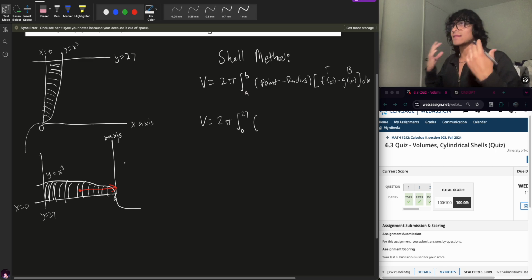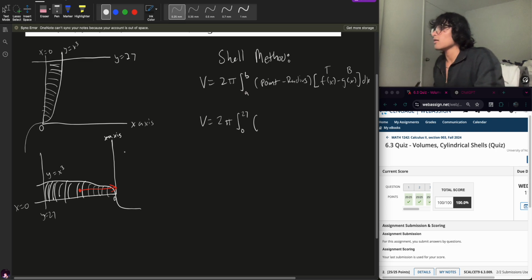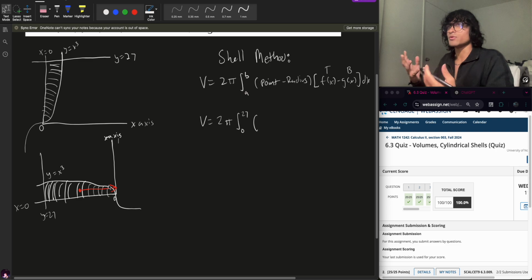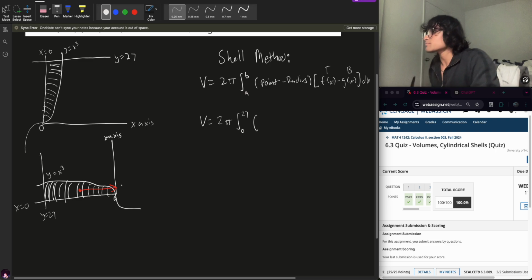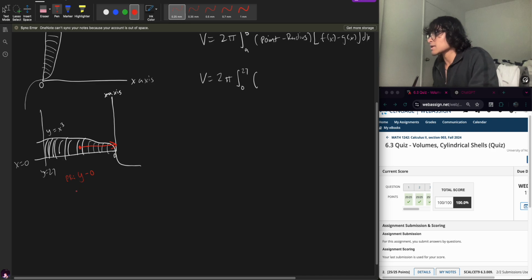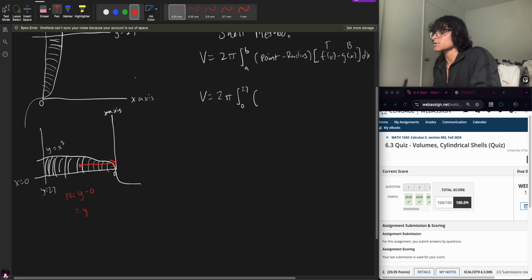This is how I like thinking of it, to make it more intuitive for myself when I problem solve. So the point radius is y minus 0, which equals y. Cool. So our point radius is y.